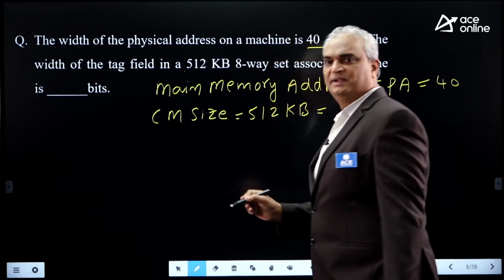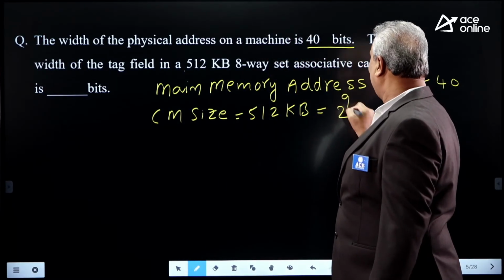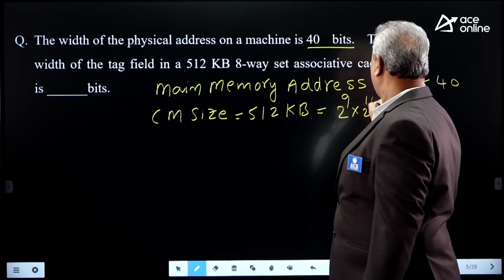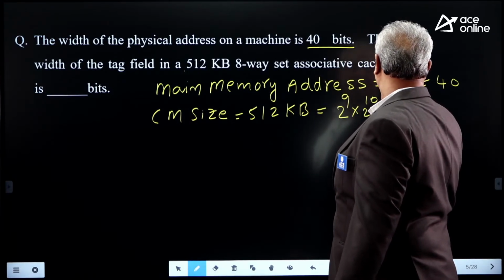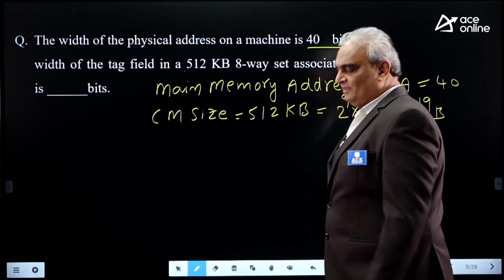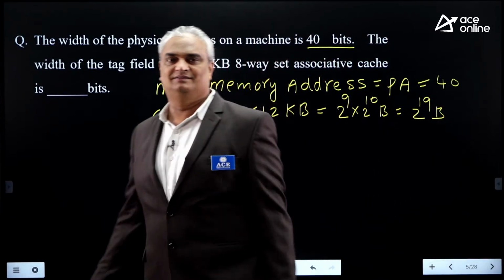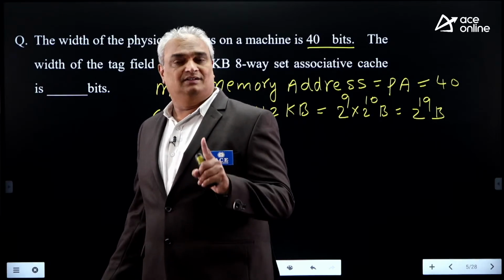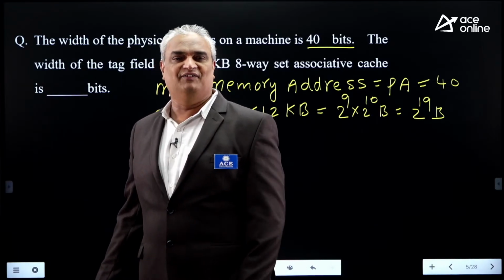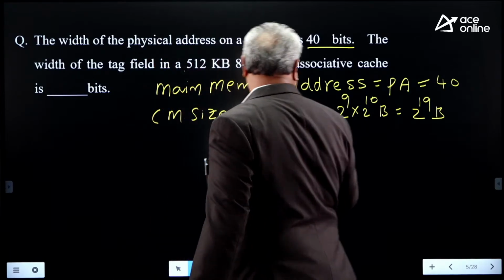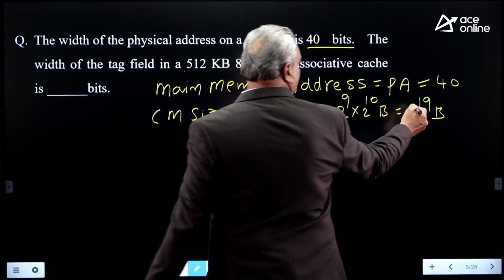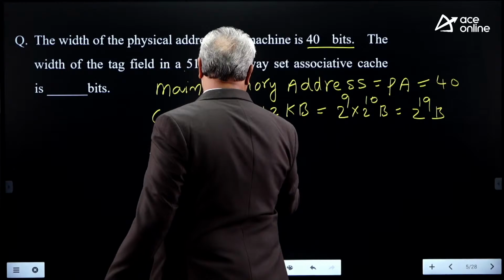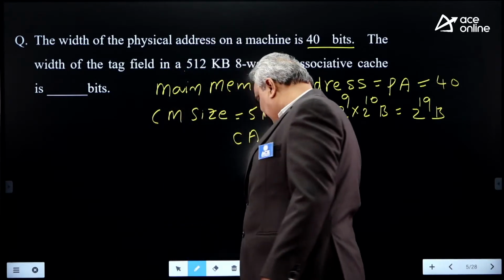512 means 2 power 9, K means 2 power 10, bytes, so 2 power 19 bytes. Memory space is the number of words times the size of one word. When word size is not given, the default word size is 1 byte. That's why the 19 bits is nothing but CA, the cache address.